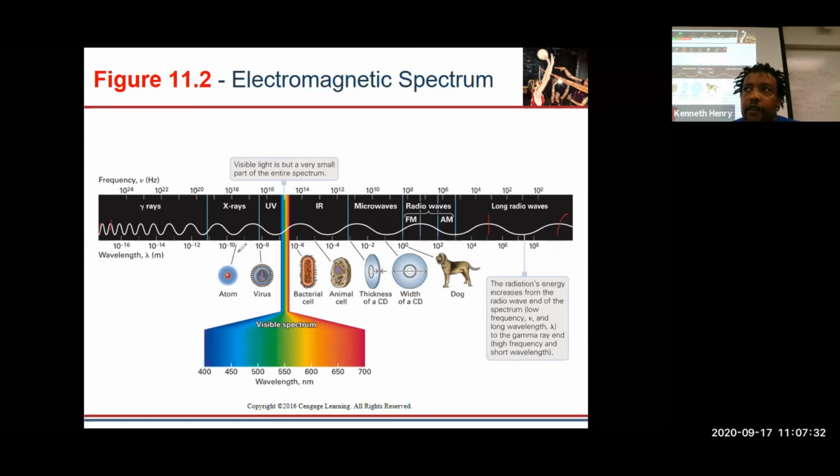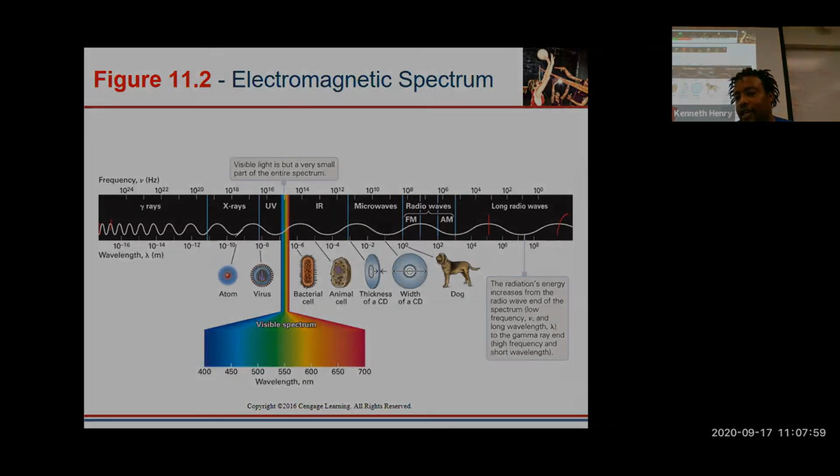And then down here for X-rays, an atom. The size of an atom, which we can't see with our eyes, would be the wavelength of an X-ray. So that kind of gives us relatively how wide those waves are. Okay, you guys get that? Piece of cake? Yes.